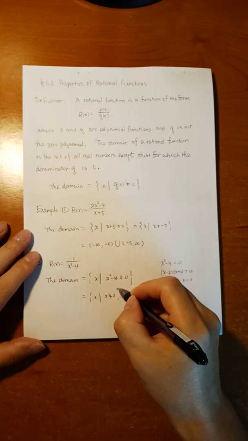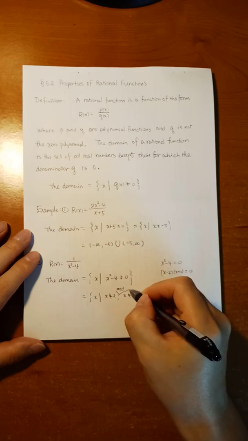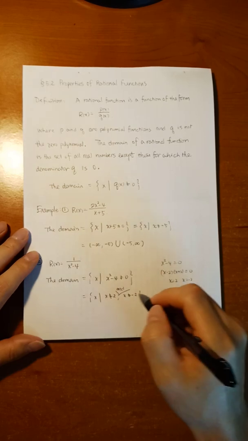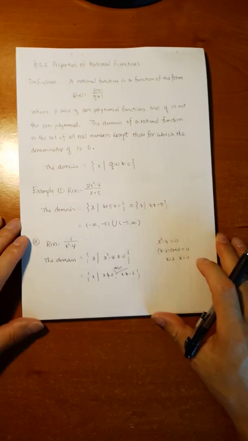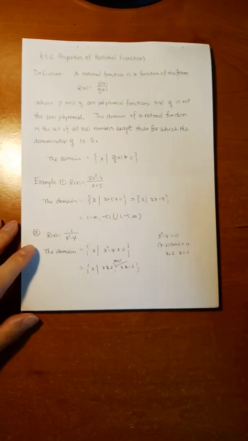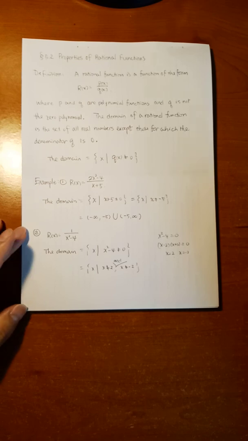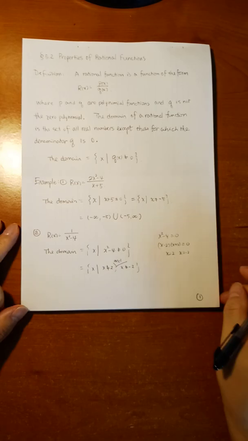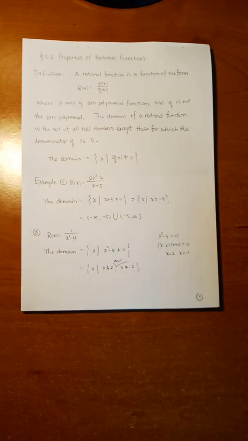If you want to write it in words, it's and: it cannot be 2 and it cannot be negative 2.